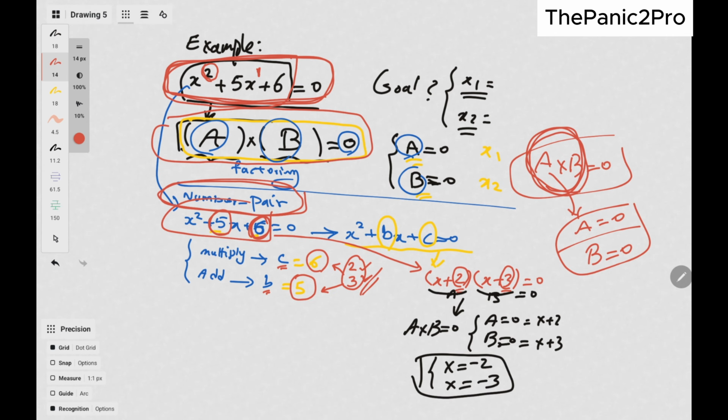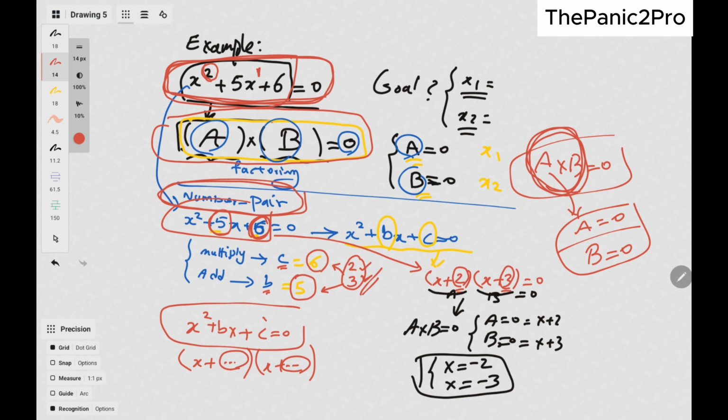The number pair method is telling me that you can write this down as two numbers that if you multiply them, you get c, and if you add them, you get b.